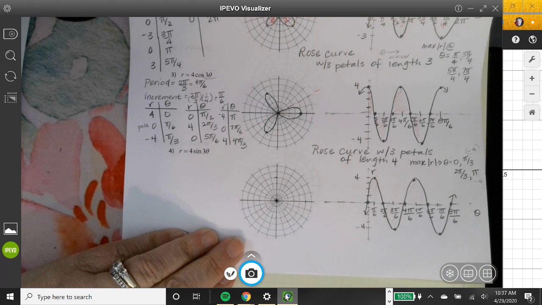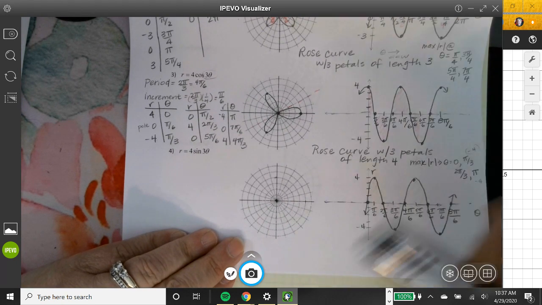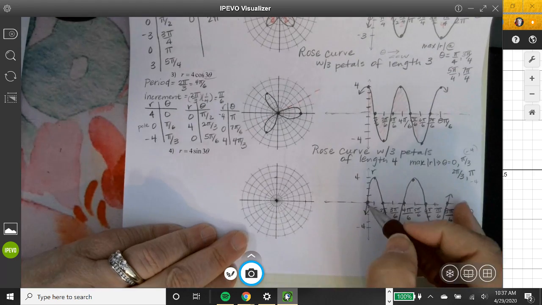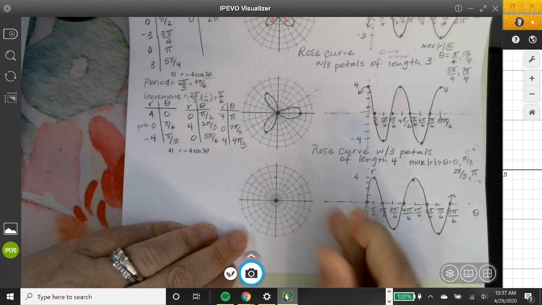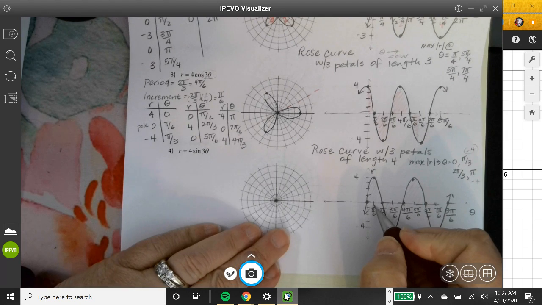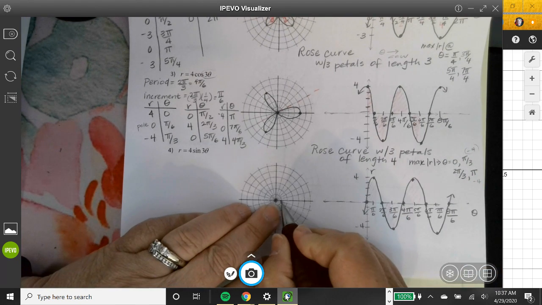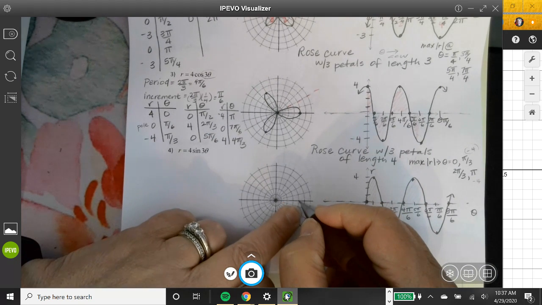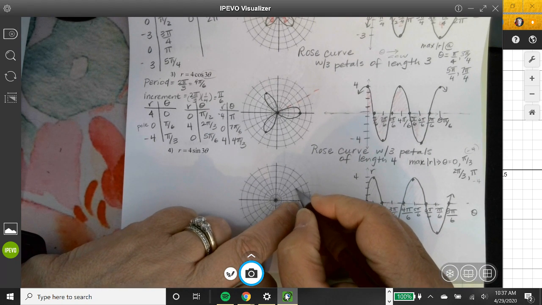Remembering that r goes first. Okay, if r goes first, I'm at the pole, 0, 0. Then I'm going to go out radially 4, 1, 2, 3, 4, and rotate to pi over 6. So pi over 6, we have to remember, is the second line.